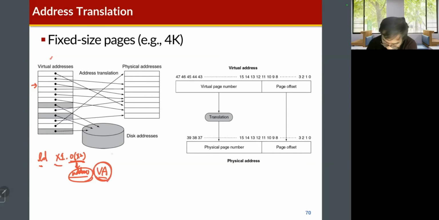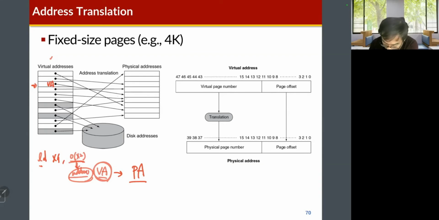So in order to figure out the real address of this target data, not the target register, this virtual address needs to be translated into the physical address.